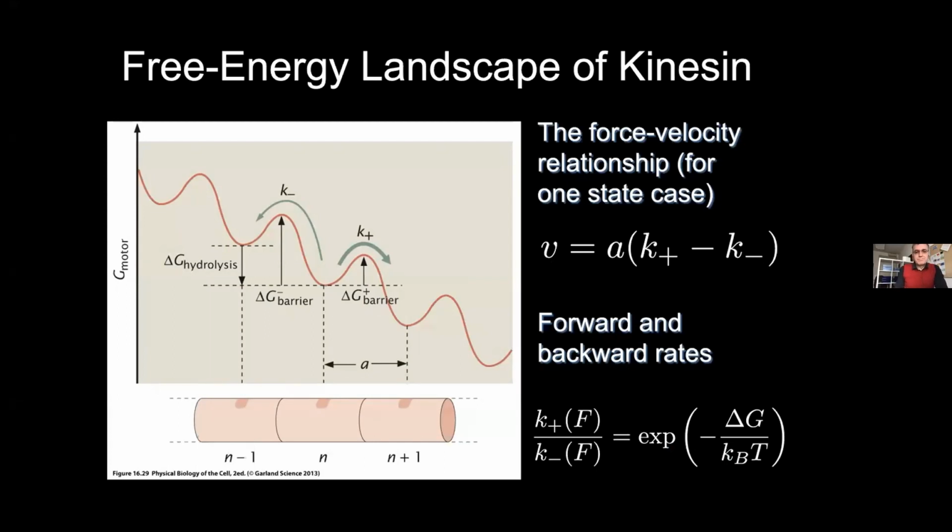Also, the question is, yes, we have this phenomenologically shown force velocity, but how do we understand this movement of motors along the filament from physical principles? One can draw a free energy landscape for kinesins like this one, saying, yes, we have kinesin bound to a certain point at this lattice, and then this kinesin can move in one or in the other direction.